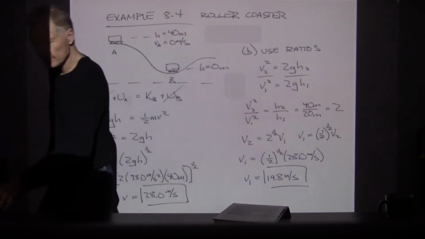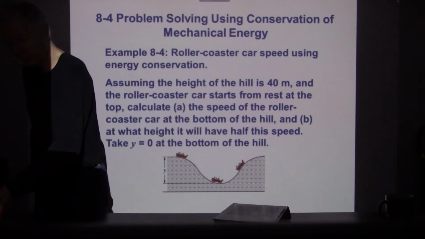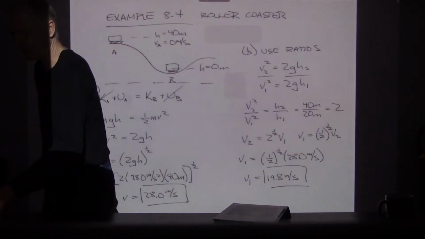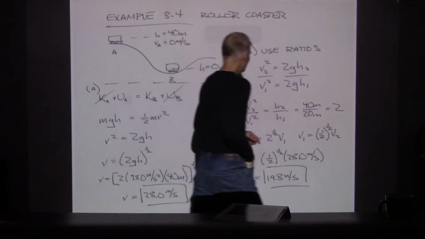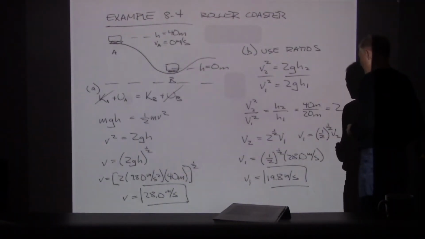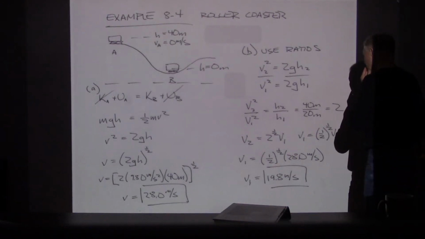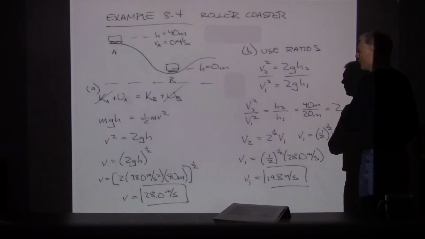Let me go back and see if I've carefully read the problem. At what height will it have half this speed? I think I did it the other way around. I think I did not carefully read the problem. They want me to solve for a height, but I did the problem wrong.